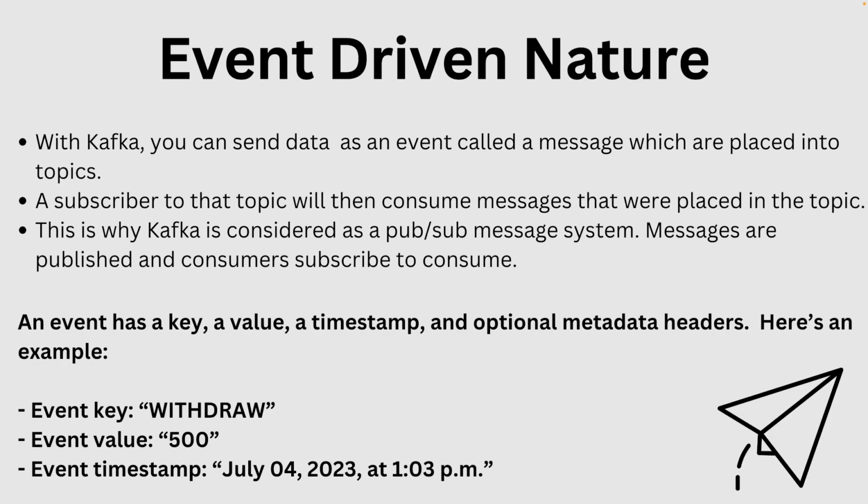So in this case, a topic is essentially that. You have a subscriber that will consume messages from that topic, and a publisher that publishes information or messages to that topic. So messages are published and consumers subscribe to consume that information that was published.